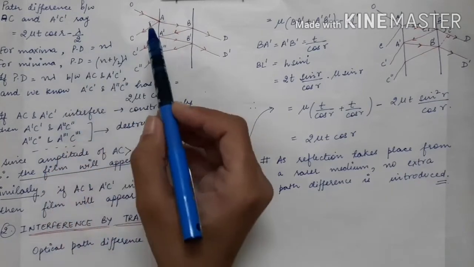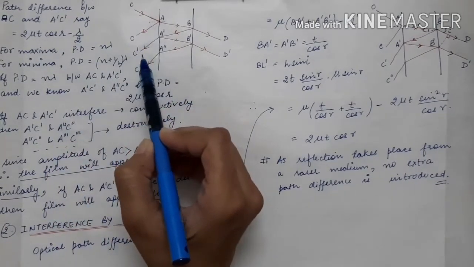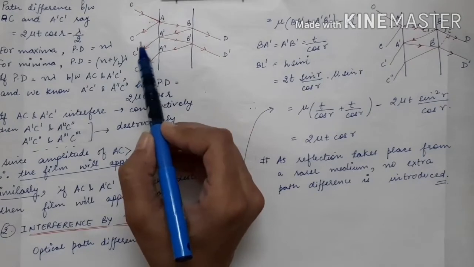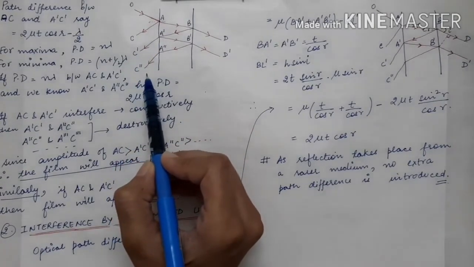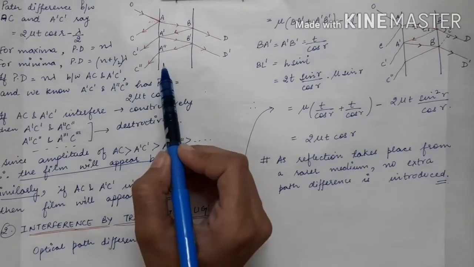This means if the first two reflected rays are interfering constructively, then the second and third reflected rays will interfere destructively.